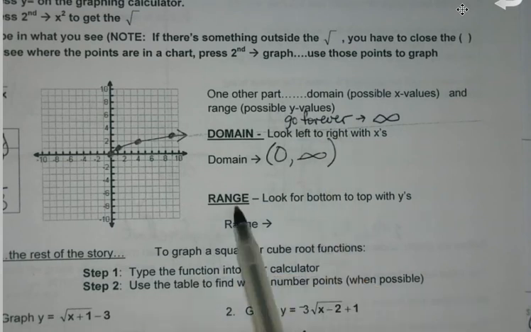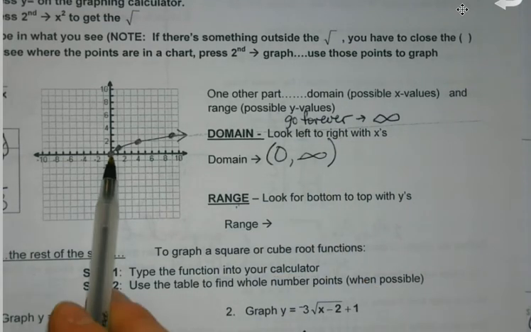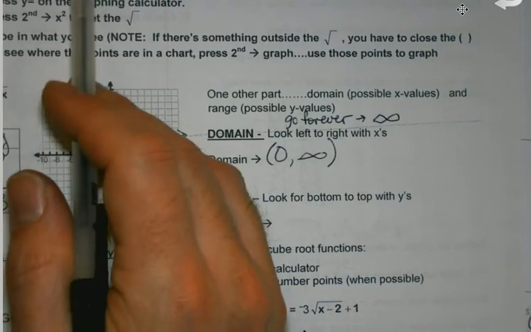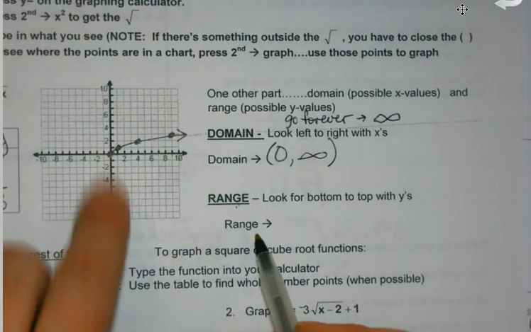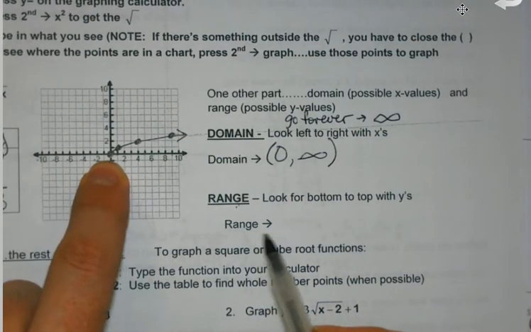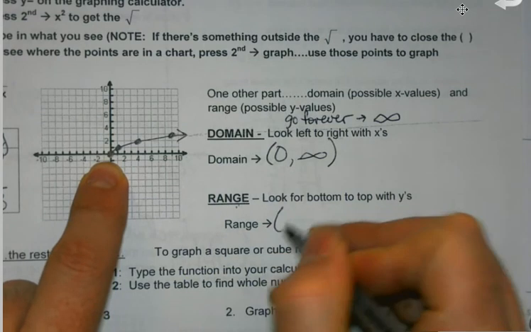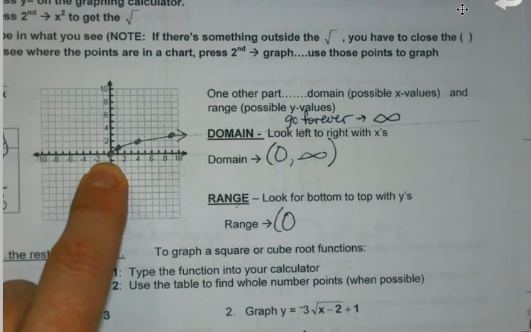Okay? My range is my y values. I go from the bottom of my graph to the top. So here, my lowest value, or my least value for y, also ends up being 0. Now they won't be the same every time, and we're going to find that out.